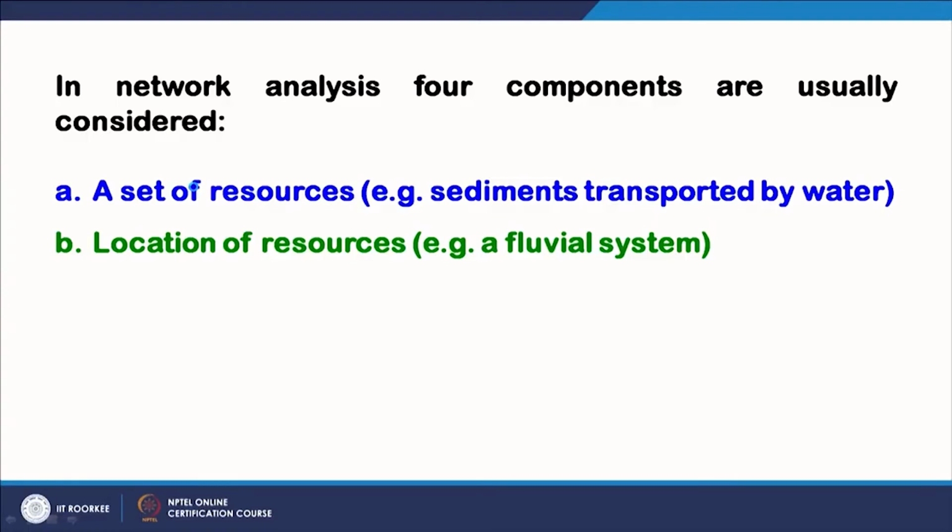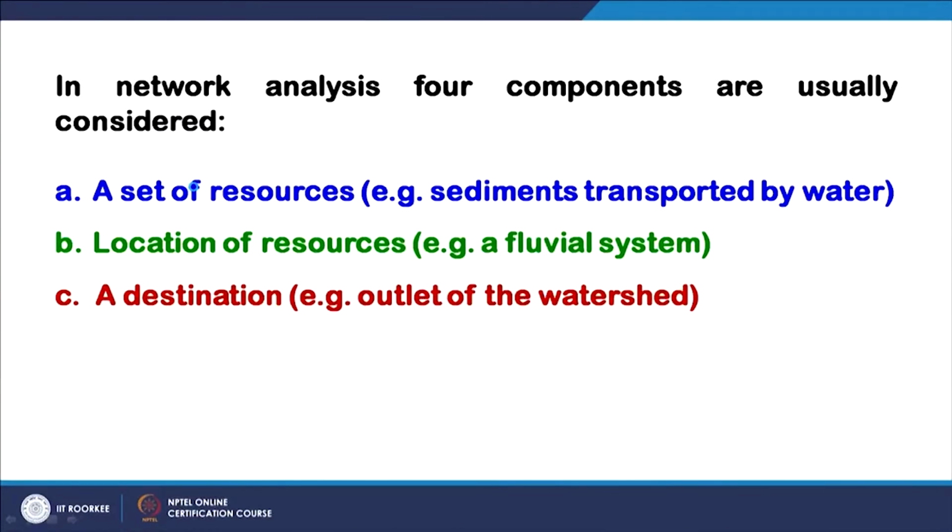For example, sediments transported by water, or water itself, is also a resource. Then the location of the resource, and when we are in GIS, location is not a problem, we will get that information. If I take a fluvial system, that means the drainage or stream network, the information is there within the system about which are the higher points and which are the lower points.